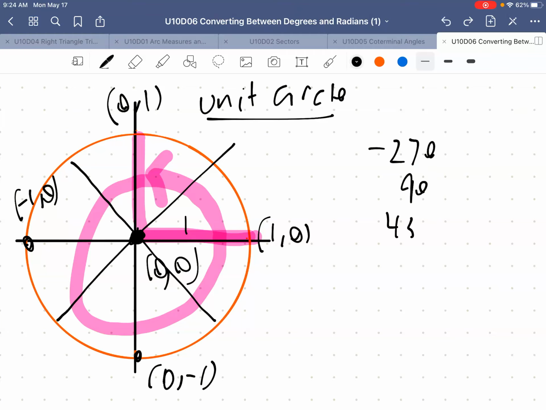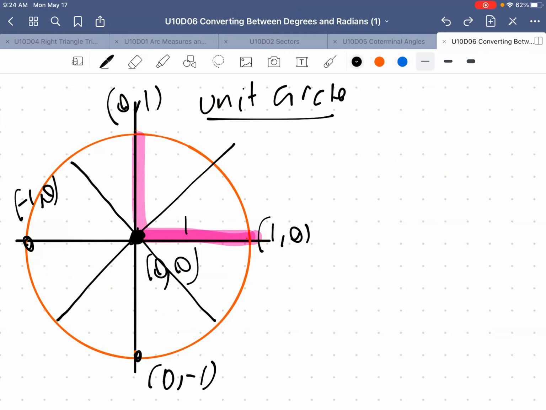The other thing we'll want to address now is estimating our measurements around a circle. If a circle is broken up into any particular number of equal sections, you can estimate very easily.